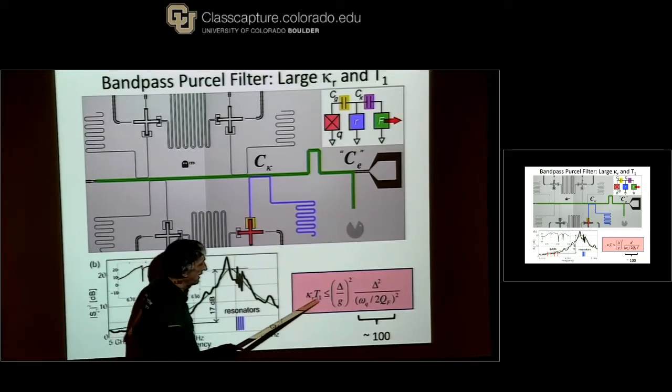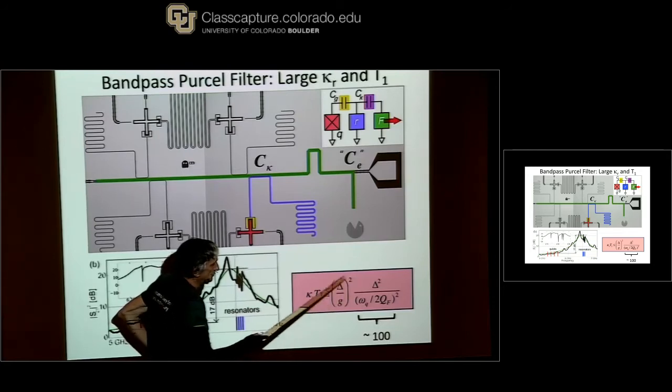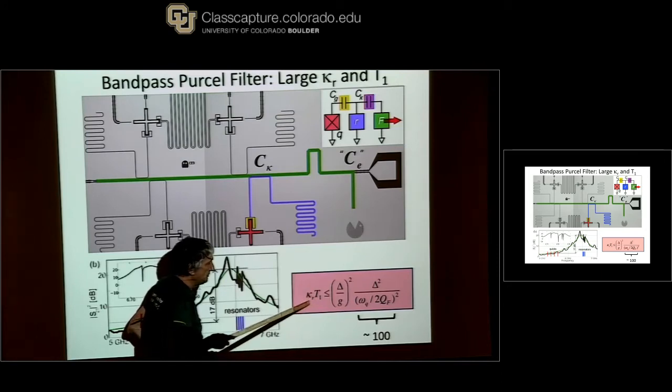And it turns out when you work that out for the circuit I talked to you about, that's delta over g, which is basically n crit. And this gives you a pretty severe limit on making the measurement faster while not screwing up the qubit.